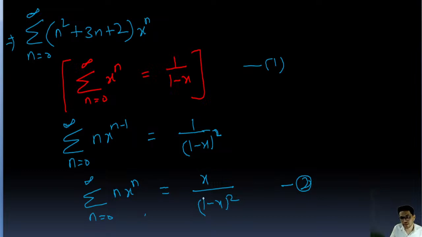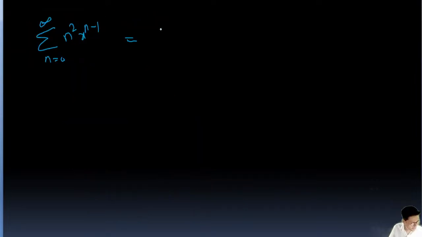There are two terms, right? Numerator and denominator. So we'll differentiate this with the numerator and denominator property, right? So this is going to be simple.